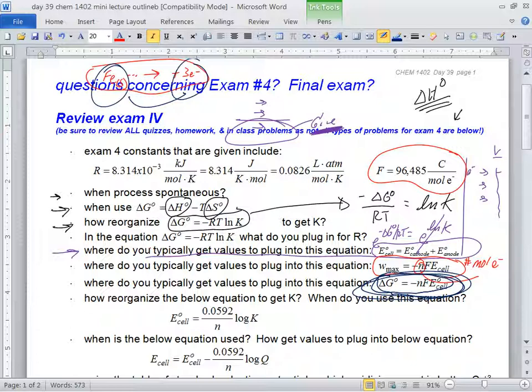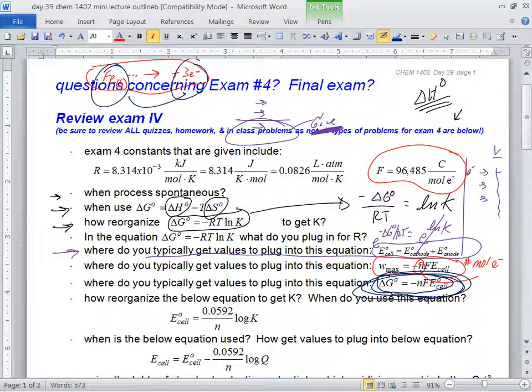So that N is going to change on you every single time. This N in the delta G0 equals minus NF E0 cell, these are all standards. You have no choice. That N is fixed because delta G0 is fixed. Delta G0 doesn't change from day to day. You can't do a little bit of delta G0, a big, no, it's a fixed amount. It's like a height. I'm going to raise it 10 meters. You always have to raise it 10 meters. Right? There's nothing in between.